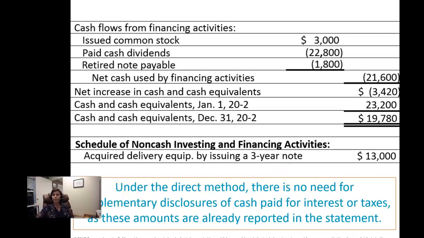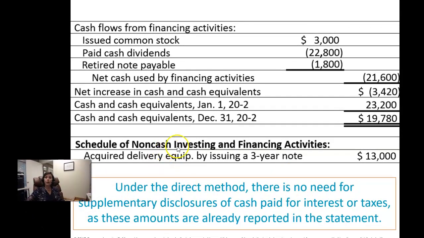As a result of having made this disclosure here, we don't need any separate supplementary disclosures for the statement of cash flows using the direct method, because everything that investors or lenders would need to know is contained on the face of the statement of cash flows prepared under the direct method. And that concludes the statement of cash flows prepared using the direct method.